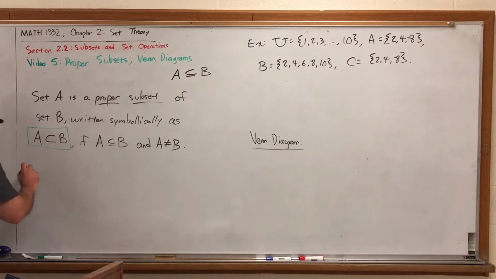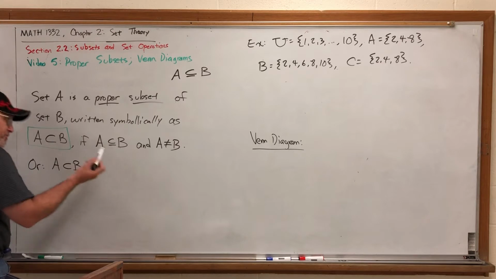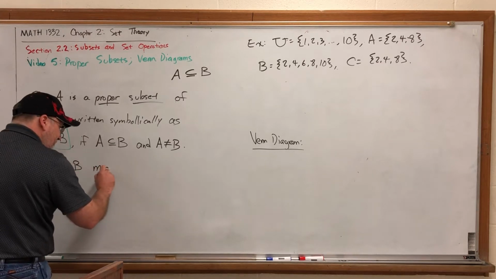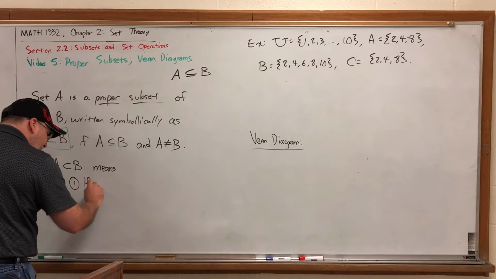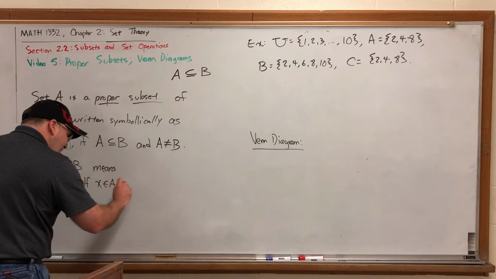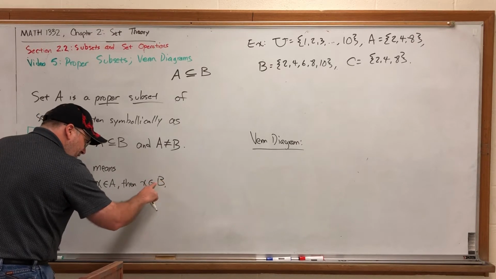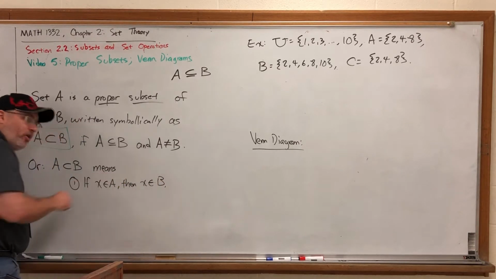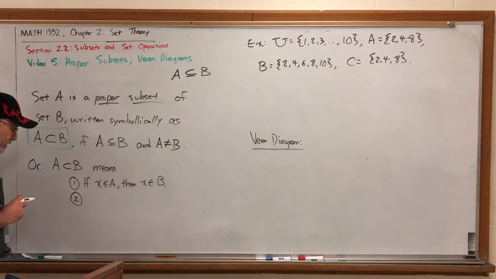In other words, you could say that A is a proper subset of B means two things. Number one, if x is an element of A, then x is an element of B, which is saying that everything in A also belongs to B. But they're not equal, which means that B contains something that A does not.